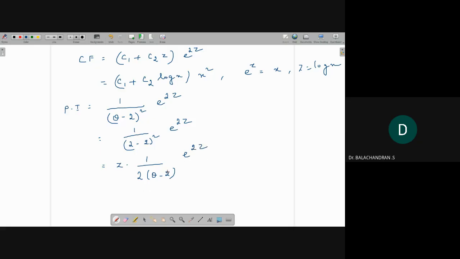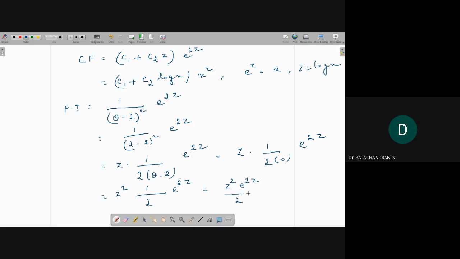If we again replace theta equal to 2, we'll get 0 again. So I'm going to multiply again by the independent variable z, 1 by 2 theta minus 4, so 1 by 2 into e power 2z. So the PI is z square into e power 2z by 2.